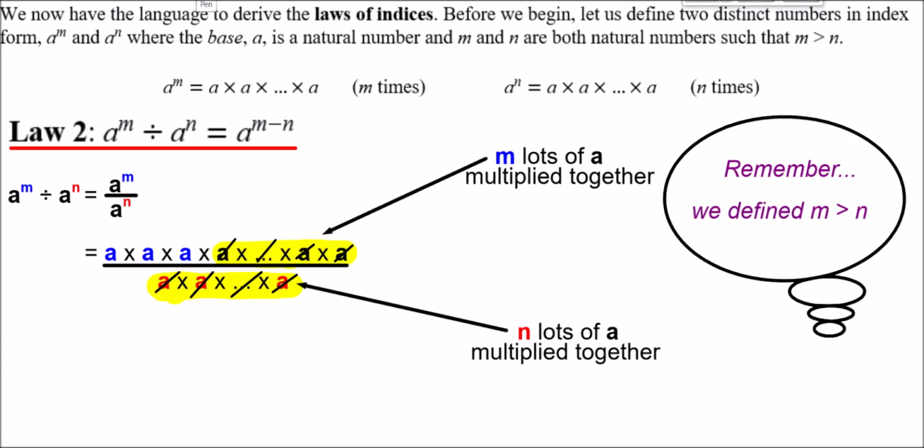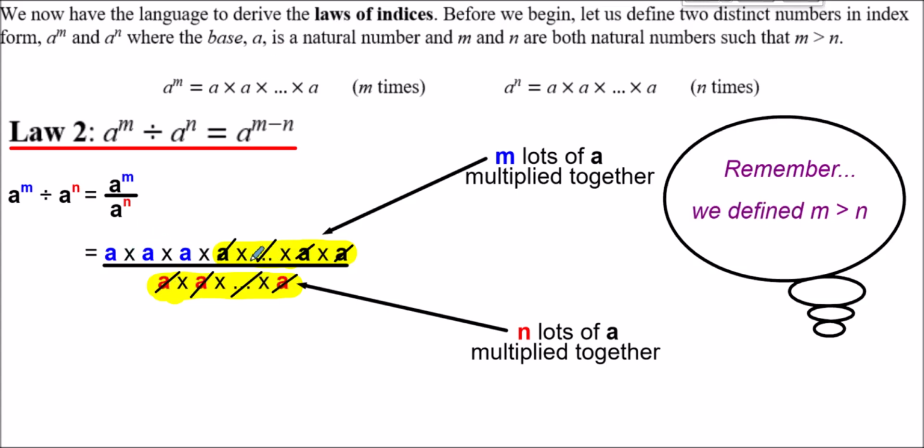Okay, so because m is bigger than n, that means there's more a's on top than there are a's on the bottom. So there's going to be some a's left on the top. Now here it happens to be 3, but generally that could be any number of a's. It's arbitrary. There's just going to be some a's left.